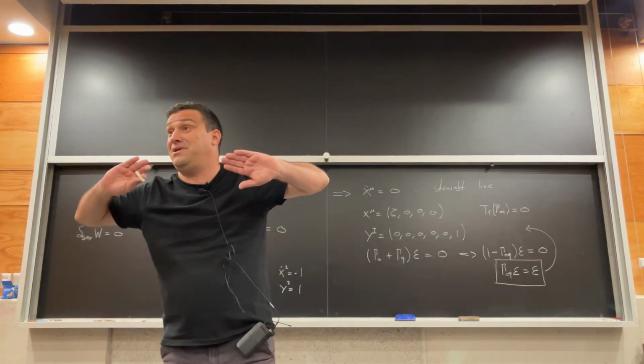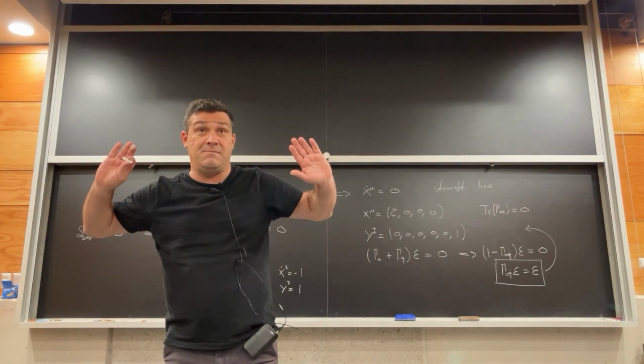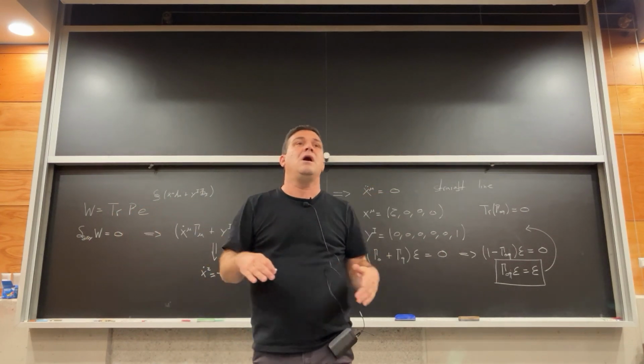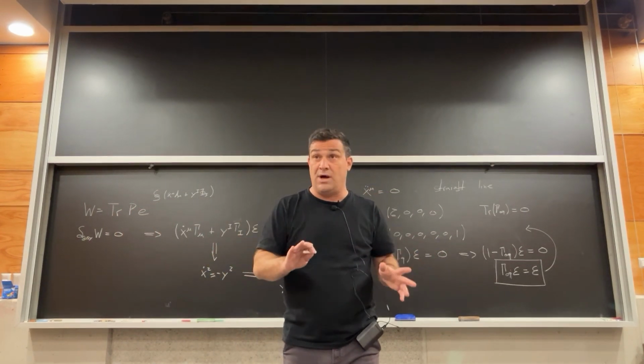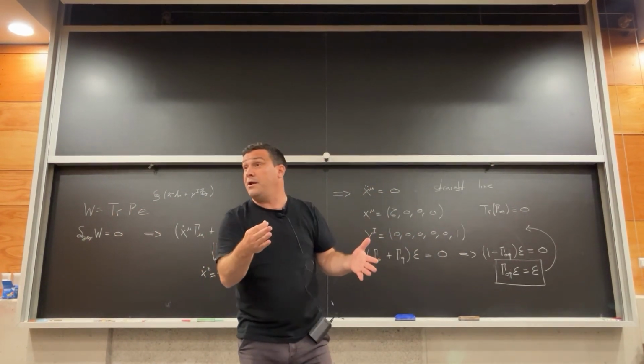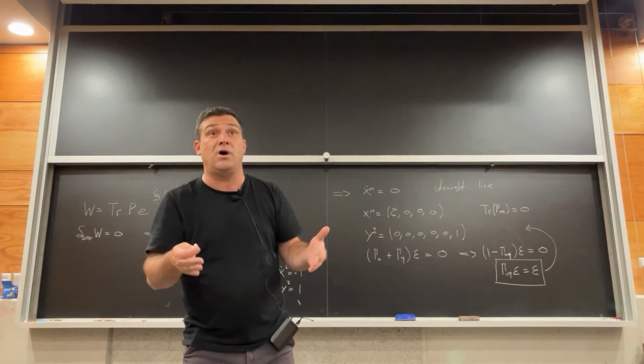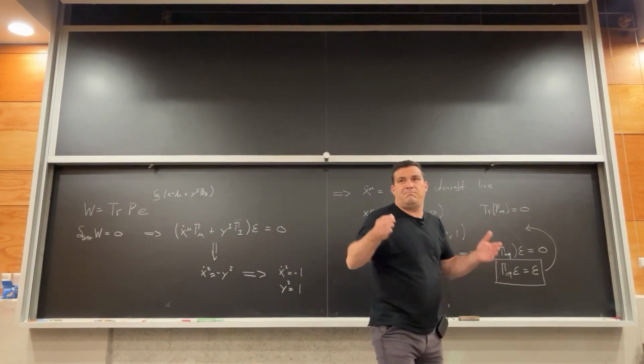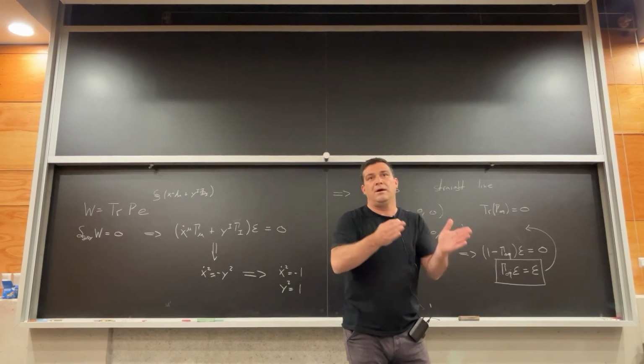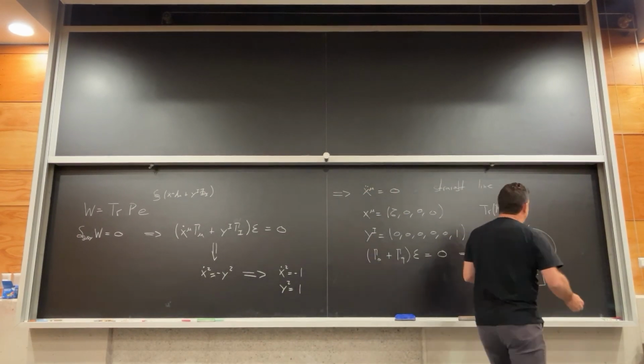Otherwise, the trace could not be 0. Do you agree? Because the trace is the sum of the eigenvalues. I know the eigenvalues must be 1 or minus 1 because the matrix squares to 1. So the eigenvalue squared is always 1. So there have to be 16 eigenvectors with eigenvalue 1 and 16 with eigenvalue minus 1, right?